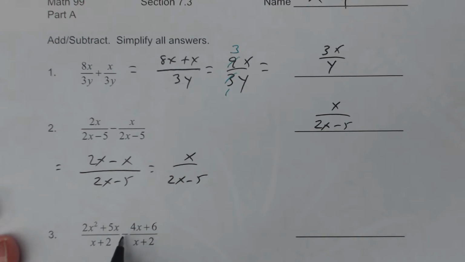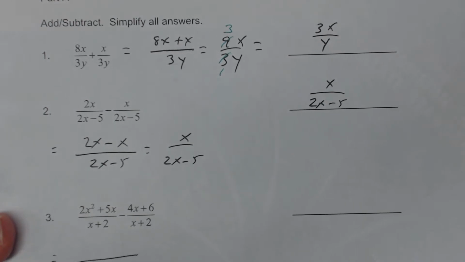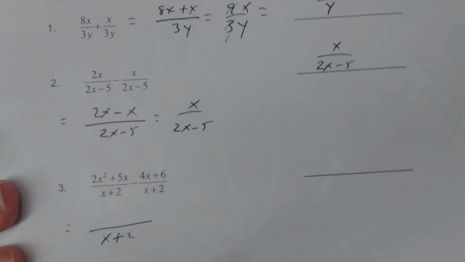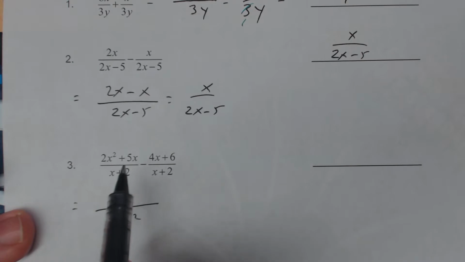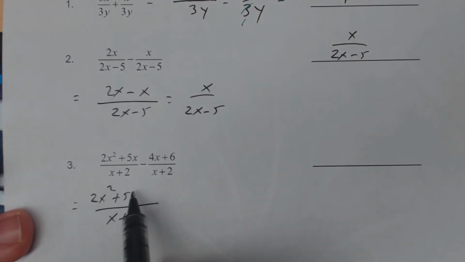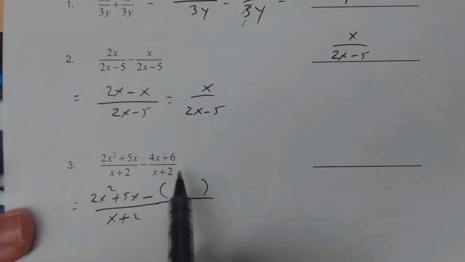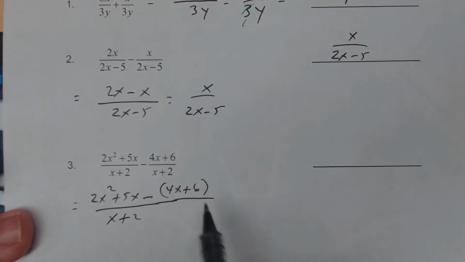So be careful. Not only are you subtracting 4x, but you're subtracting a positive 6. So to be on the safe side, remember, your denominator is going to be x plus 2. Write it like this: 2x squared plus 5x subtract the numerator, and the numerator is 4x plus 6.